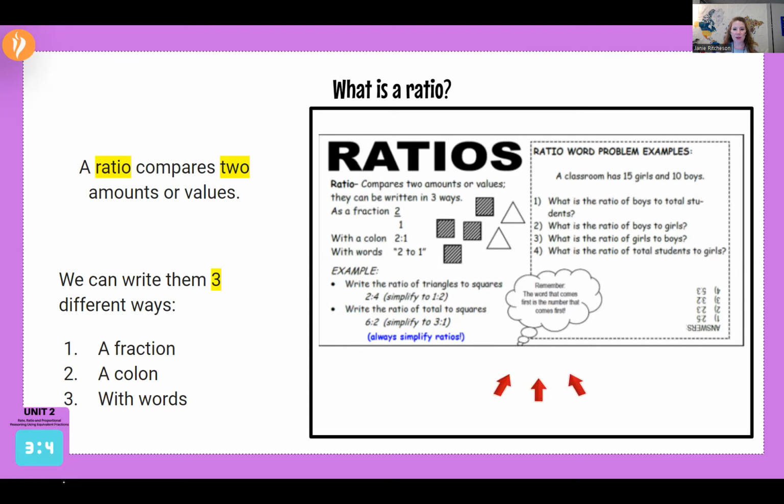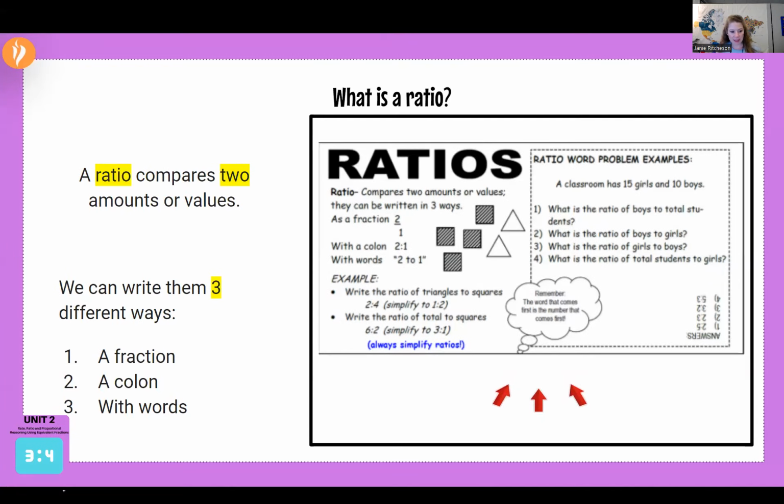That's a ratio. Now, there's three different ways we can write ratios. We can write ratios with a fraction. So if I was saying 120 miles for every 2 hours, right?